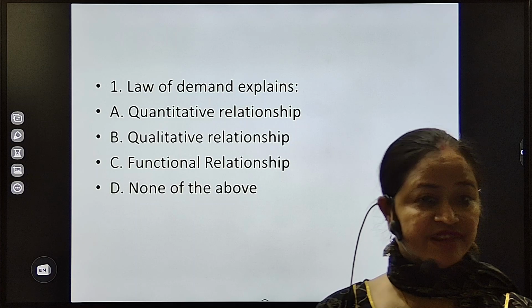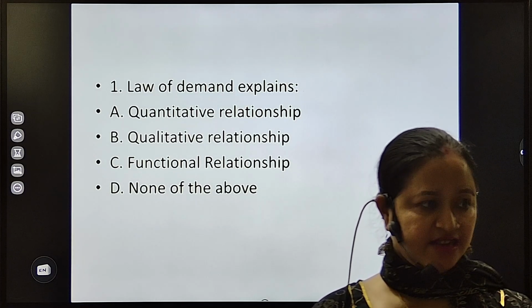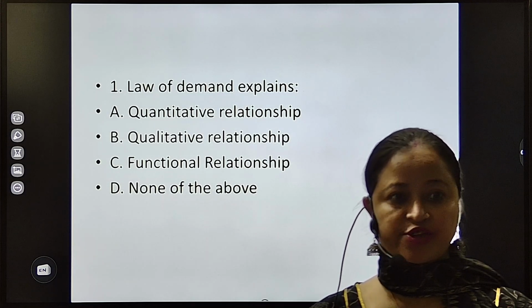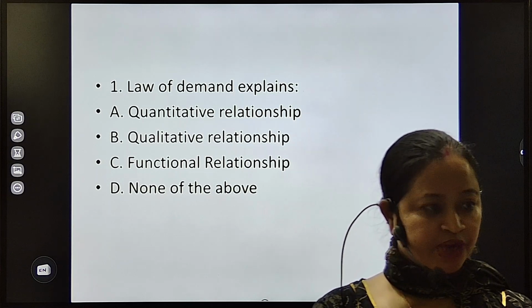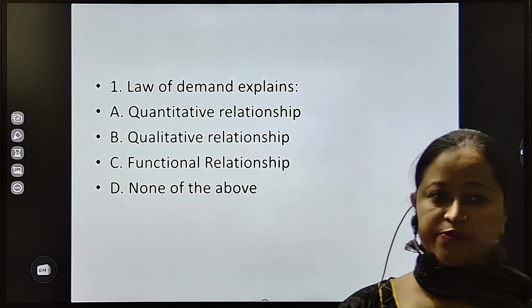So that means there is a functional relationship between the demand of a product and the factors affecting it. What are the factors I have told you?